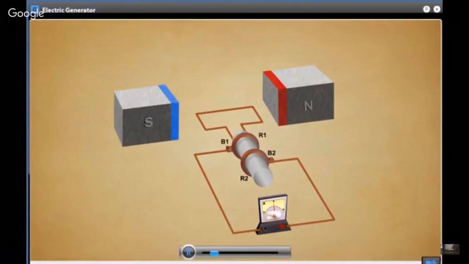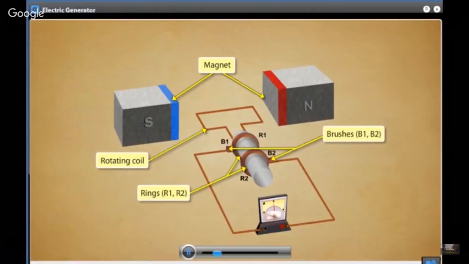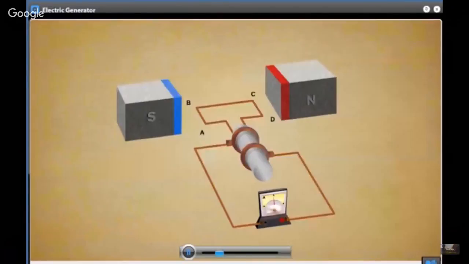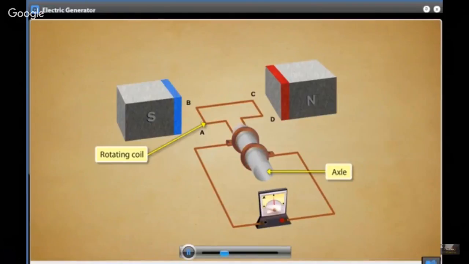An electrical generator consists of the following parts: a magnet, a rotating coil, conducting brushes, 2 rings, and an axle. The coil ABCD, usually made of copper, is placed between the 2 poles of the permanent magnet. It is rotated inside the magnetic field mechanically by rotating the axle externally.